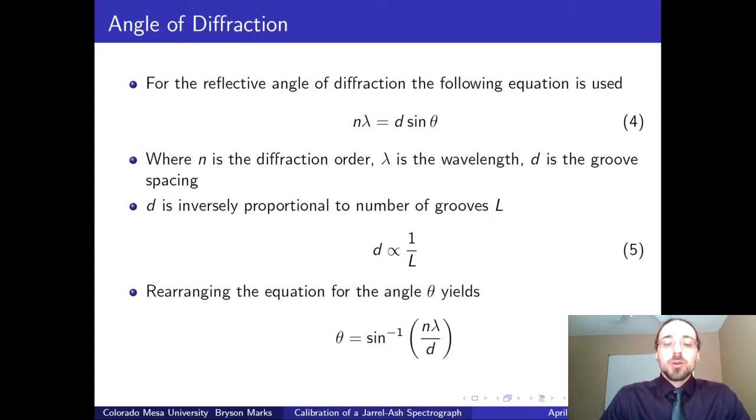Rearranging equation 4 for theta yields equation 6, where we have n lambda over d inside the inverse sine. This is important because if you increase the number of grooves, d will get smaller. The d on the inside of this fraction, if it gets smaller, leads to an increase of theta.